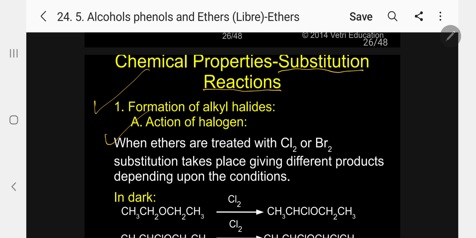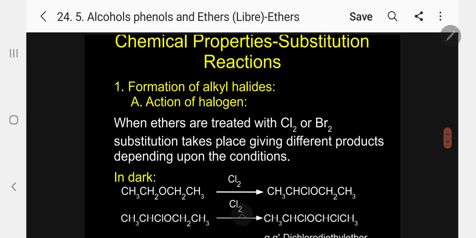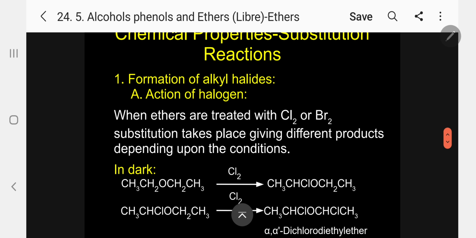When ethers are treated with chlorine or bromine, substitution reaction takes place, giving different products depending upon the conditions. What conditions? In dark, kindly follow. When you treat with chlorine or bromine, if you take diethyl ether, this is alpha, this is beta, kindly follow, with respect to the functional group normally.